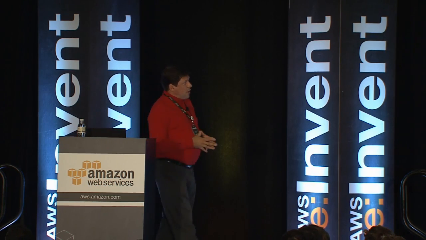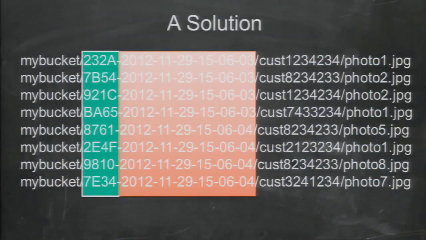One of the solutions we recommend is that you can continue to name your objects like this, but what we want you to do is add some entropy to the keys. What we're showing here is that I've taken that key name, the date along with the customer ID, and computed an MD5 hash. I take 4 digits from the end of the hash, I believe it was, and assign that to the prefix of the key.